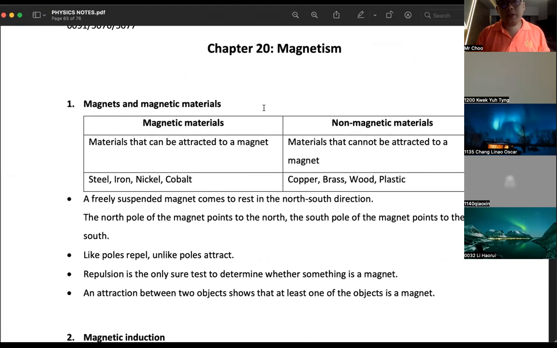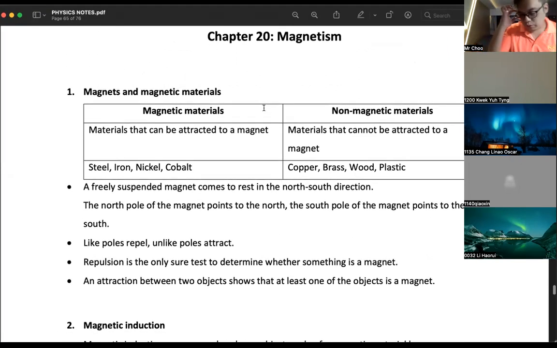As I mentioned, I would like you all to write down some notes. First of all, you have learned in primary school there are magnetic materials as well as non-magnetic materials. The first common misconception is that all metals are magnetic materials.